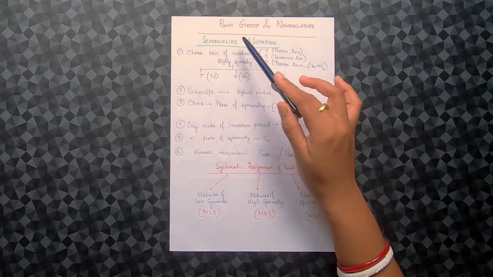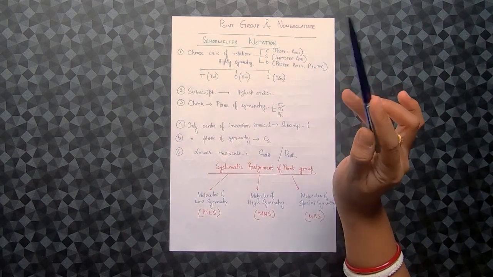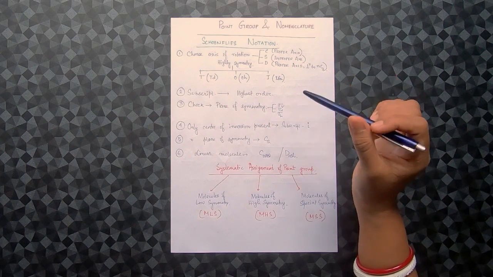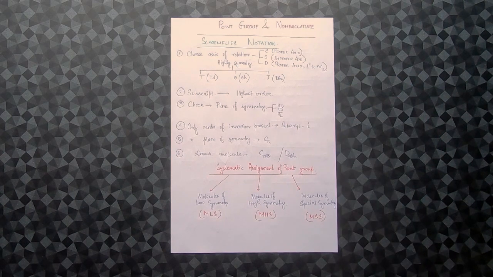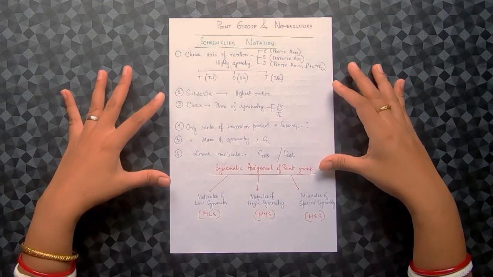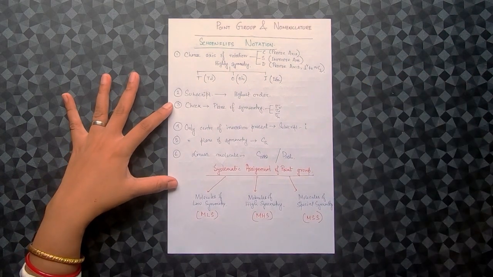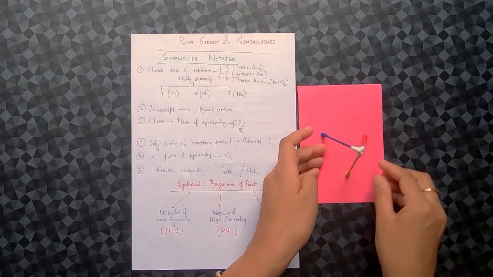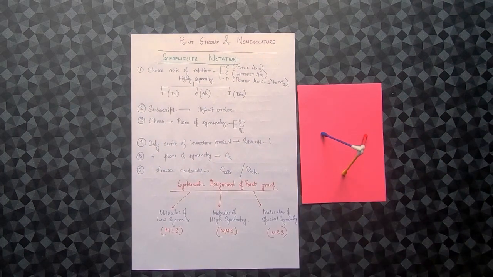With respect to Schoenflies notation, we are going to get the name of the group. So for doing the nomenclature of the point group, I have chosen a model of a molecule to describe this. So I have built one ammonia molecule.